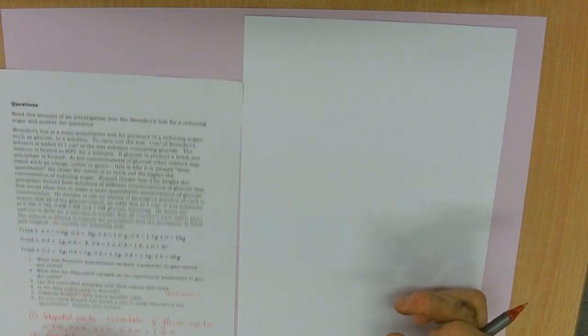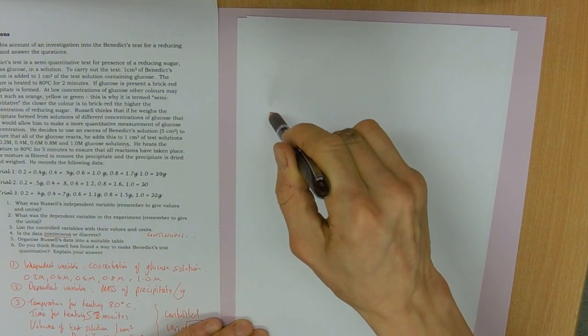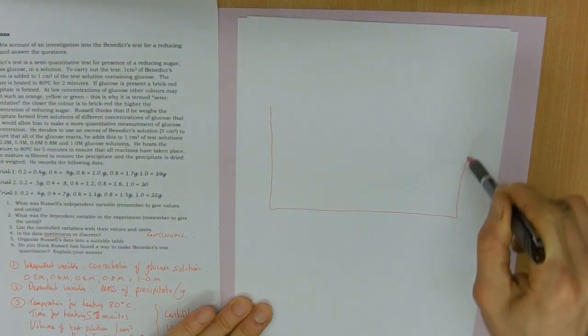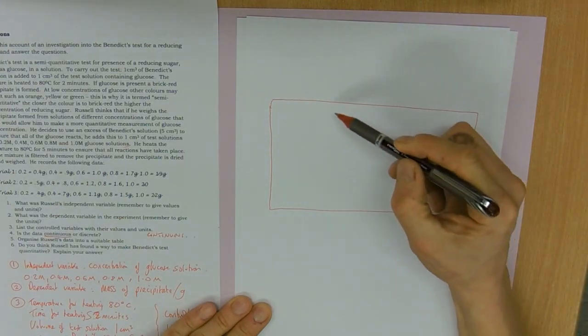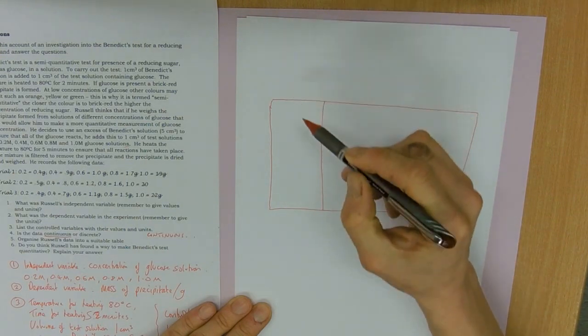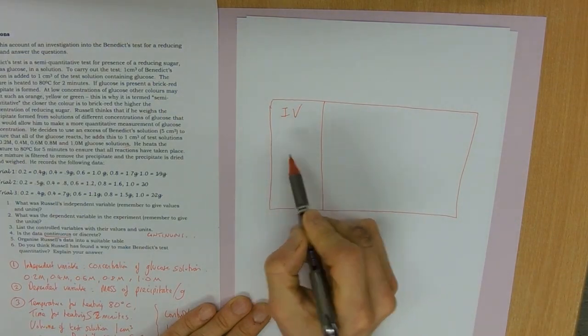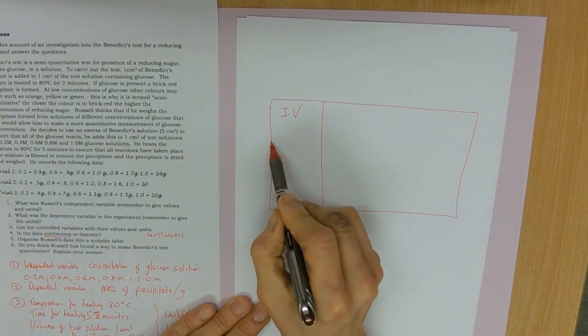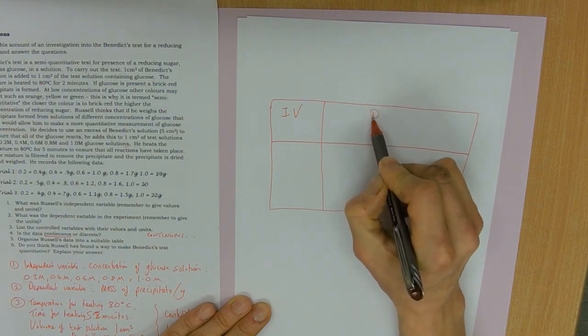So the design of the table is going to be something like that. I'll do a really rough one just to build it up first of all, but we can think of any results table as basically a box, and in this box we're going to have our independent variable on the left, and then just like we've separated off the left, we're going to separate off the top, and our top is going to be our dependent variable.